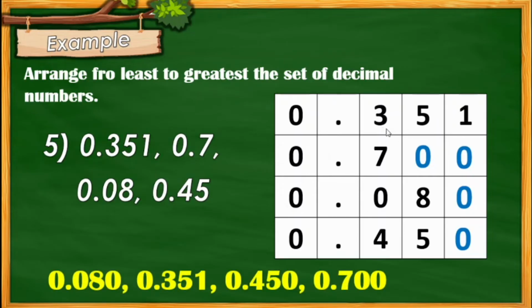Second is 351 thousandths, and 450 thousandths, and 700 thousandths. So this is the process on how to arrange the decimals from least to greatest, or greatest to least, or the process in how to compare decimal numbers.